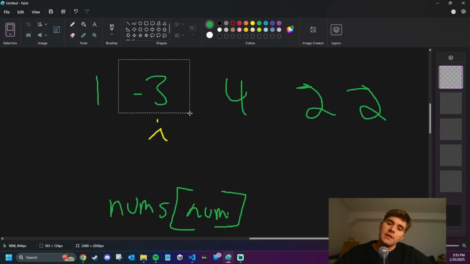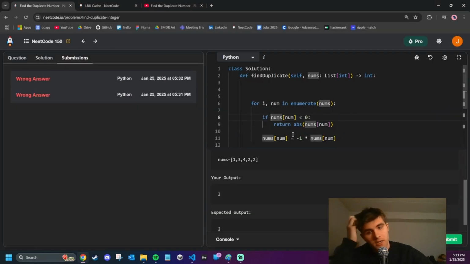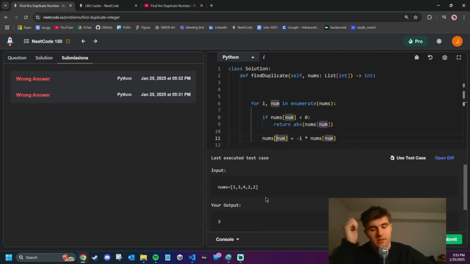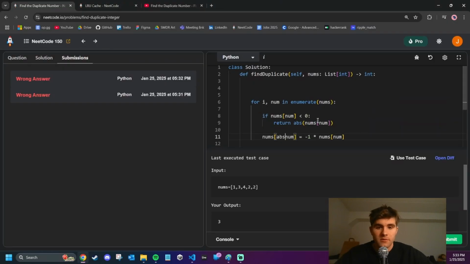So we would say nums of num, but that doesn't exist. So we would need the absolute value, right? I think that's probably what's wrong. So we're trying to get negative 3 equals negative.